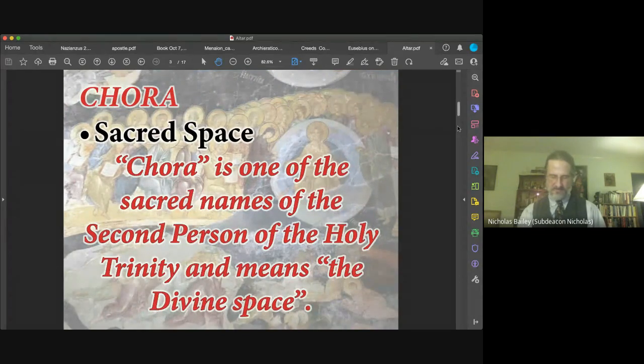Something I want to really convey here is that there's a sense that this is a sacred place. This is a place where heaven touches earth. The Greek word is kora. It's what the Celts call a thin place.